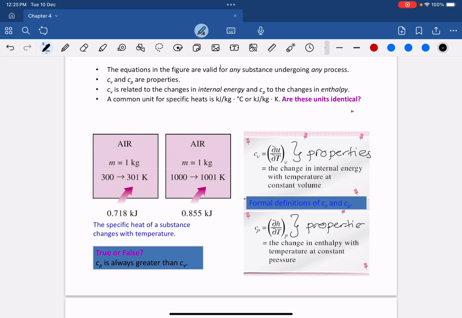Meaning to say, Cv and Cp are actually properties because they are related to enthalpy and temperature for Cp, and internal energy and temperature for Cv. So these two values are properties too. So Cv and Cp are properties for ideal gas.